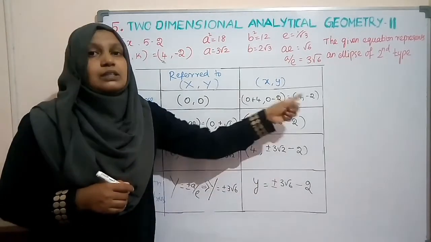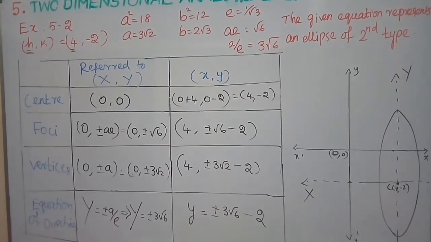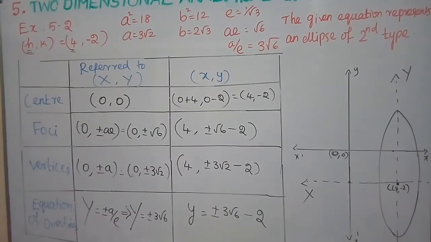And you can draw the second form of ellipse diagram also. See the diagram. Our center 4 comma minus 2 is lying in the fourth quadrant. So first you should mark the center 4 comma minus 2 in the fourth quadrant. Through that point, 4 comma minus 2, you should draw two axes, that is, the capital XY axis.